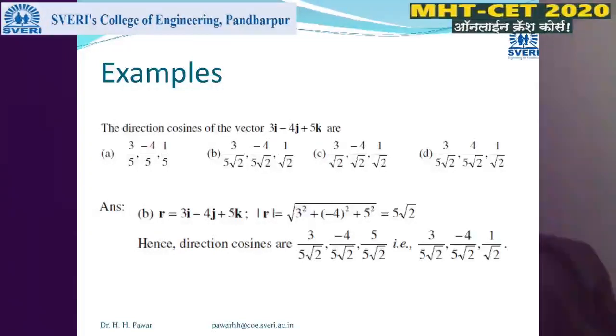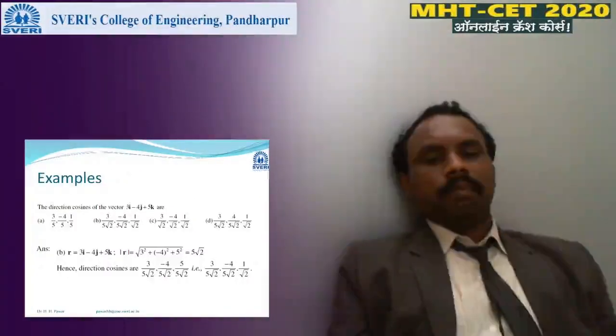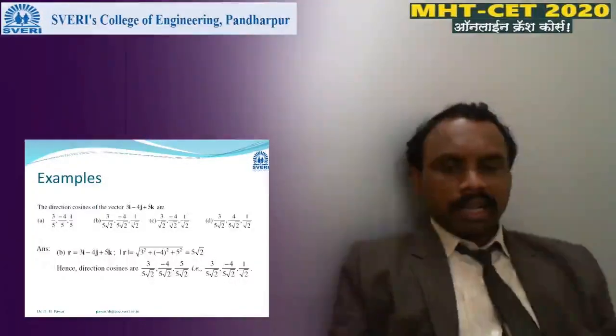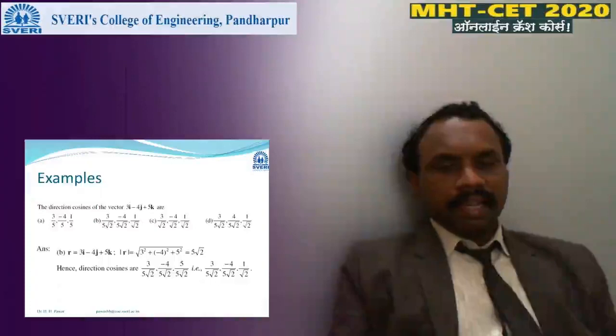Hence the direction cosines are, as we saw in the earlier slide, x divided by mod r, y divided by mod r and z divided by mod r. Here coefficient of i is x, which is equal to 3.